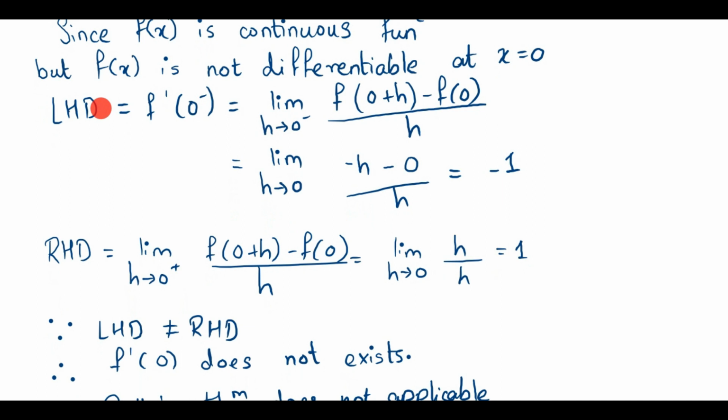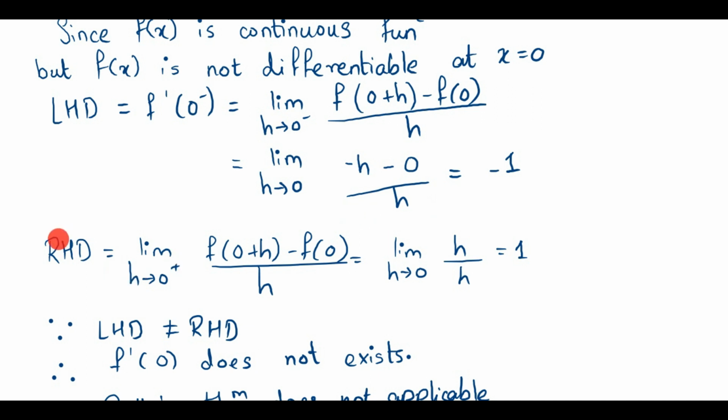The left hand derivative is limit h tends to 0 minus of f of 0 plus h minus f of 0 upon h. Here f of 0 plus h is equal to minus h, as h tends to 0 minus means to the left of 0. To the left of 0, what will be the value of x? It will be all negative. Therefore we get minus h, and minus h upon h gives -1.